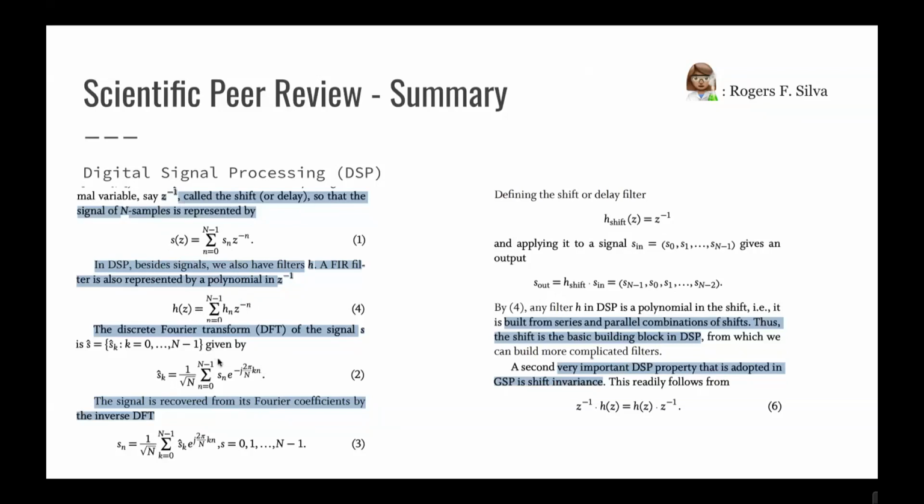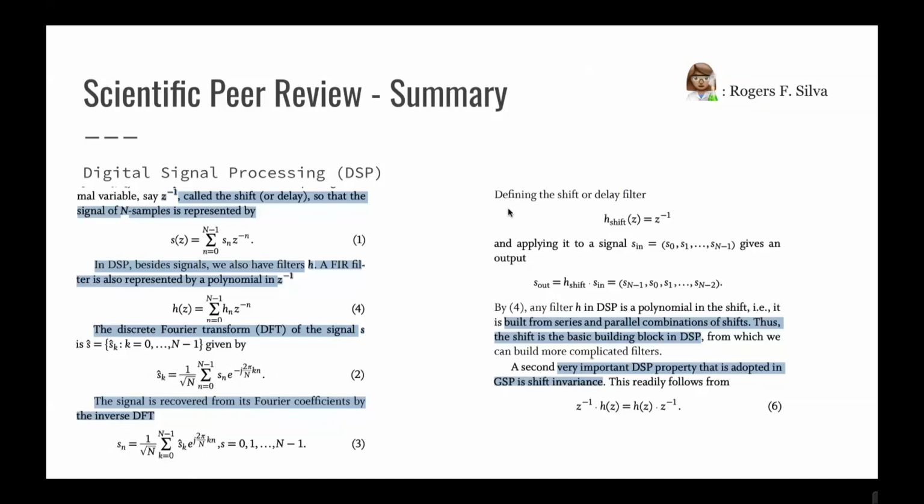And he also presents the traditional Fourier transform representation of discrete signals through these two forms: taking the signal and applying this operation on each sample to obtain the Fourier coefficients, and then the inverse Fourier transform, applying this other operation on each one of the coefficients to recover the signal from the Fourier domain.